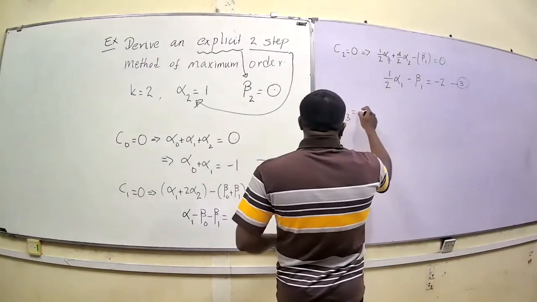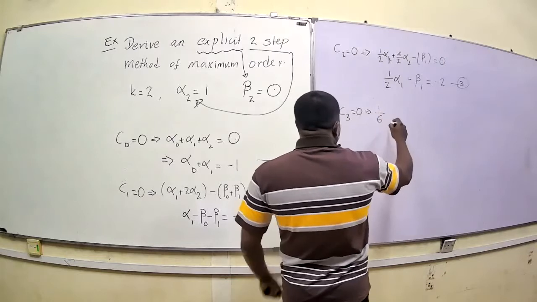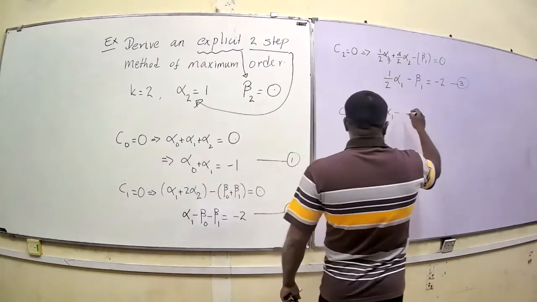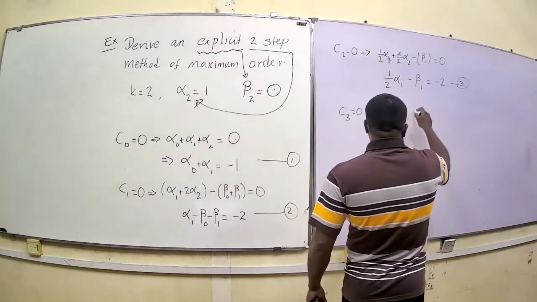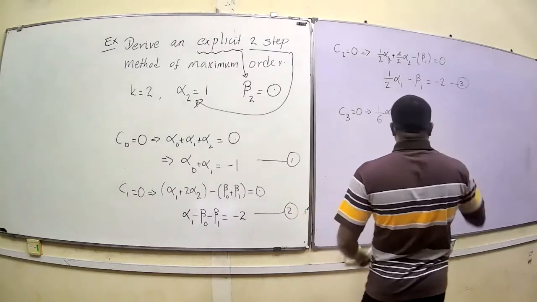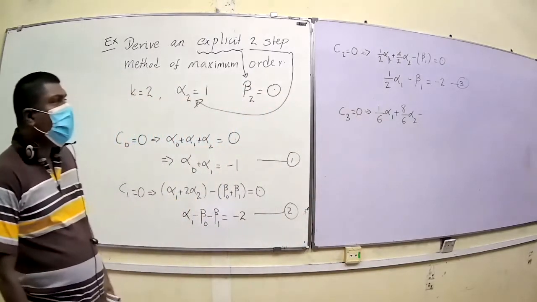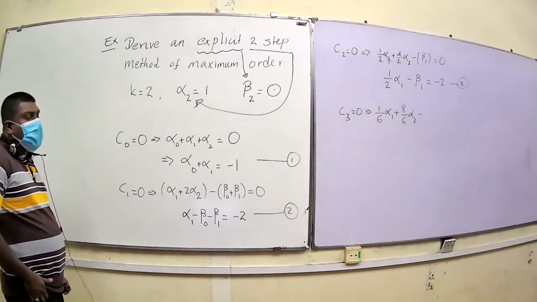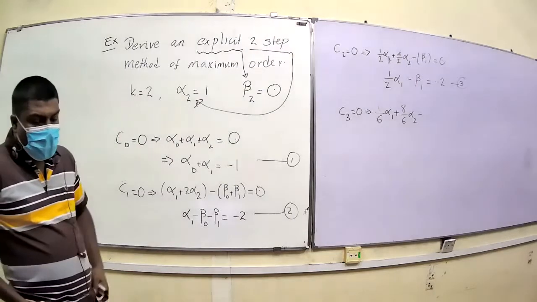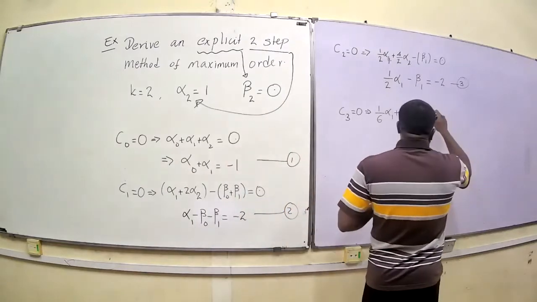Next, C3 is equal to 0. That is 1 over 3 factorial, which is 6, times 8 over 6 alpha 2, minus 1 over 2 factorial times j squared beta j, so that is minus 1 over 2 beta 1.